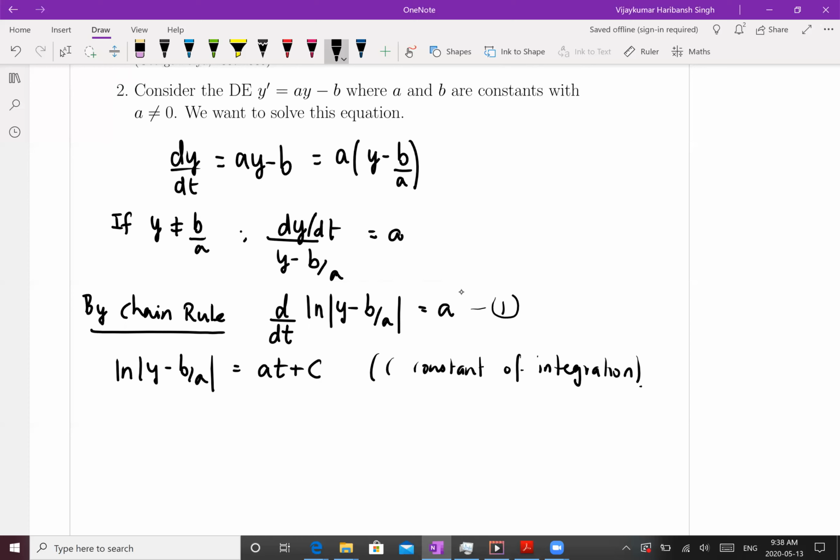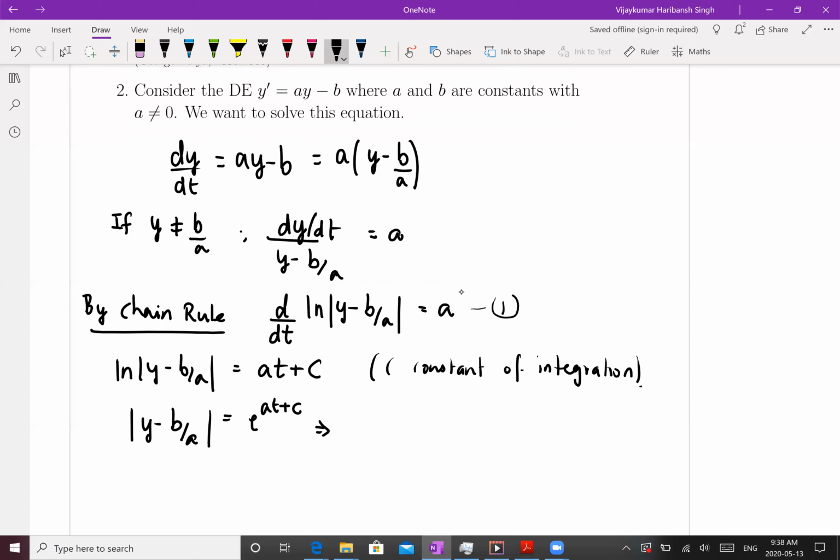Now you can simplify this because solving this differential equation means solving for y. So we have the absolute value of y minus b by a is equal to e to the power at plus c.